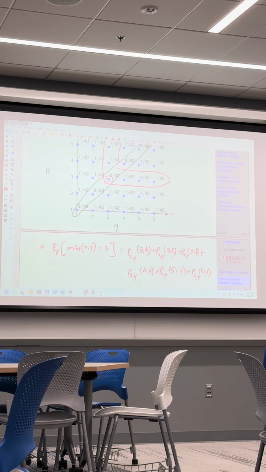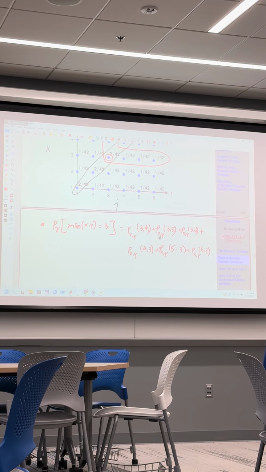Okay. Now I did miss one element intentionally. Tell me which one did I miss?